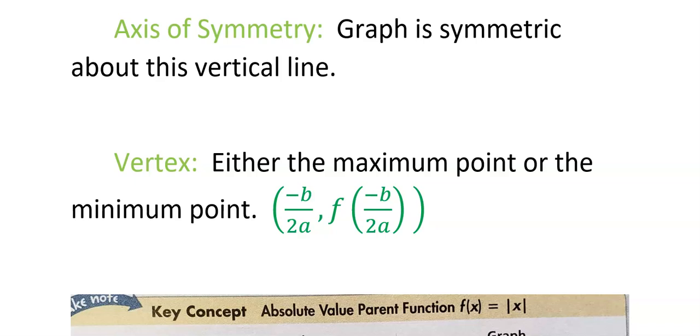This formula, negative b over 2a, and f of negative b over 2a is something that we'll use in other lessons as well. So this particular lesson, it might not be set up that way, but I'll show you how that works in a minute. The b and the a actually come from this equation right here.